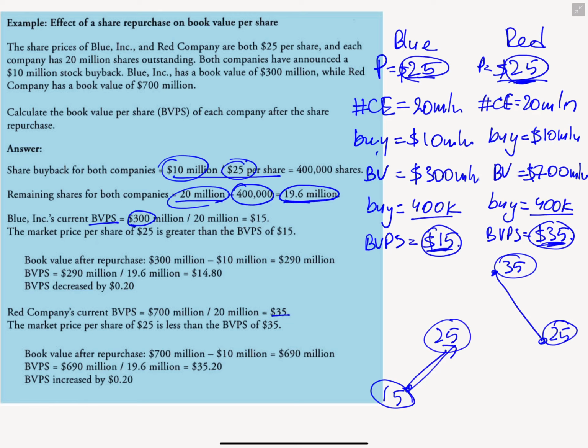Now, it is in the past. So what effect will it have on the book value per share now?